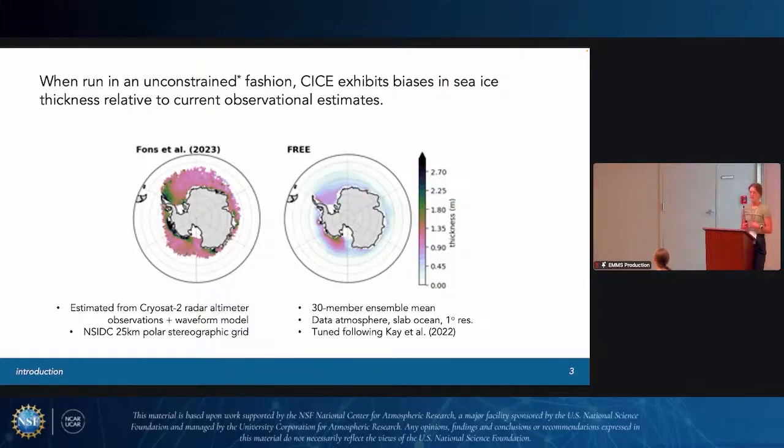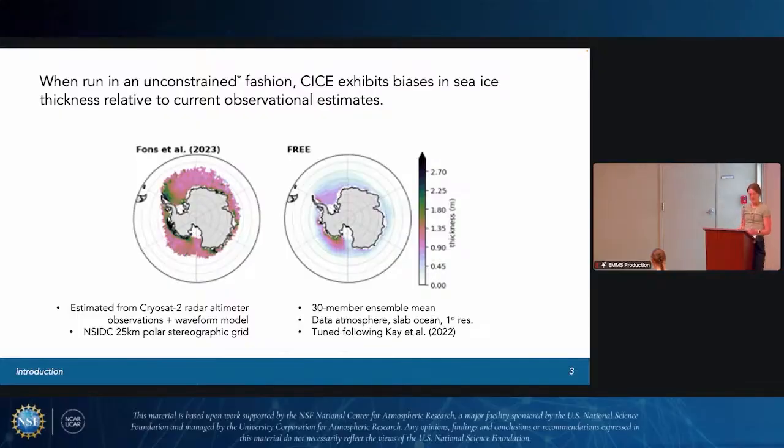And in that publication, they do note that they tend to have thicker estimates of sea ice across most of the Antarctic compared to other observational products, and they can't really say why that is. Maybe it is that the ice is thicker, maybe it's an error with their methodology, but if we compare these two things, you can see that there's quite a bit of difference, such that in the absence of other validation information, it's hard to place confidence in either one of these sources of information.